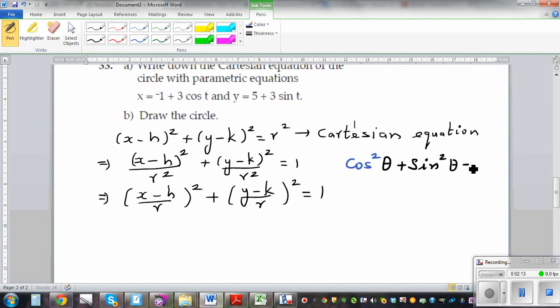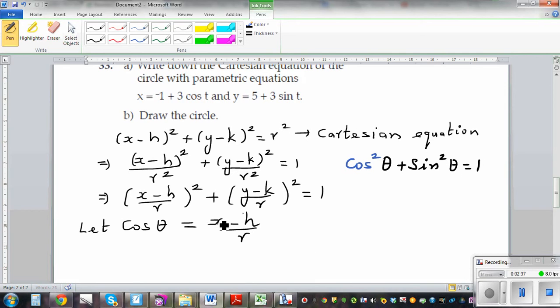I see a 1 on the right hand side, and I also see a squared here and a squared here. So what if I let cos theta be equal to (x minus h) over r?